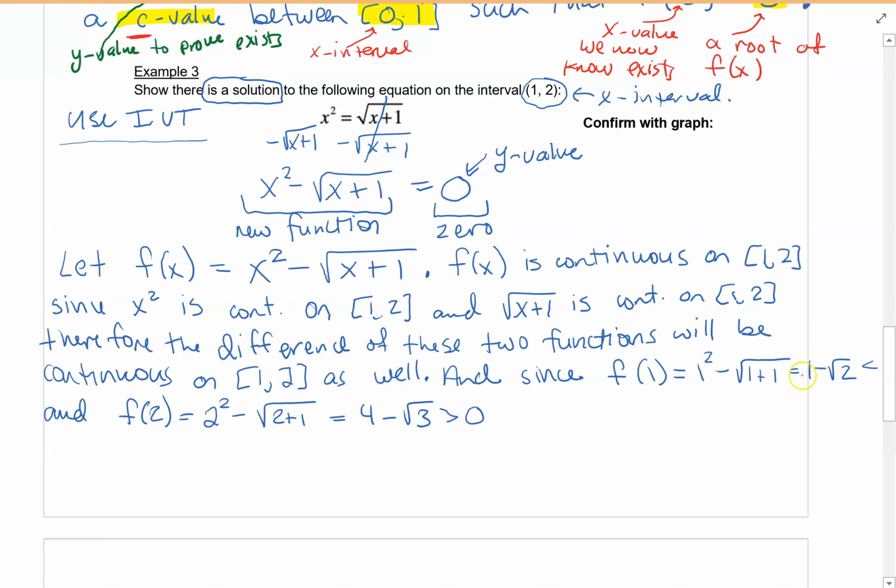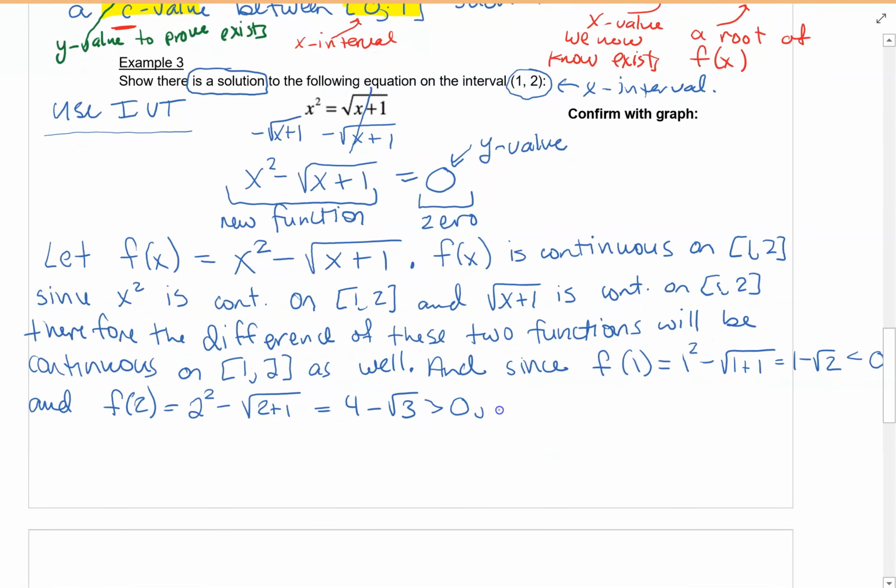So since f of 1 is negative and f of 2 is positive, that implies that 0 is in between them. 0 is in between f of 1 and f of 2 because 0 is in between a negative number, which is what f of 1 is, and a positive number, which is what f of 2 is.